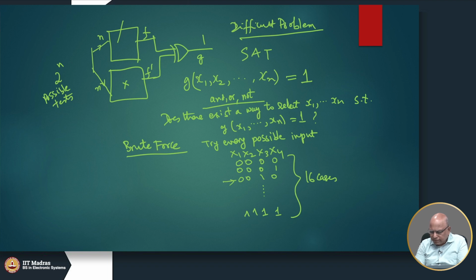at the output. But in the worst case, we may end up applying all the 2 to the power n cases. So, 2 to the power n input combinations may have to be tried in the worst case.